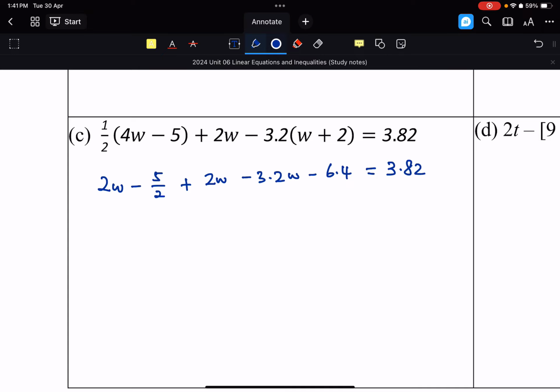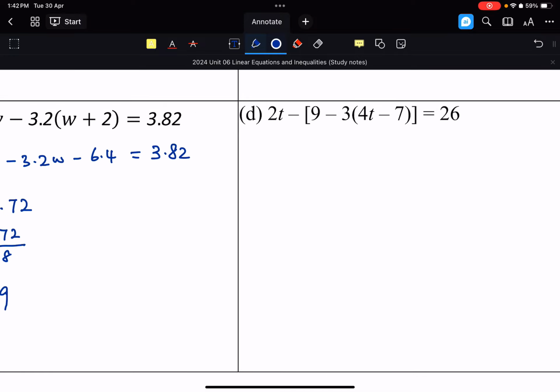So let's simplify things a bit. 2w plus 2w minus 3.2w will give us 0.8w. As for the numbers, we have 3.82 plus 6.4 plus 5 over 2, which is 2.5. So that will result in 12.72. Therefore, w is 12.72 divided by 0.8. Use our calculators and you should get 15.9.